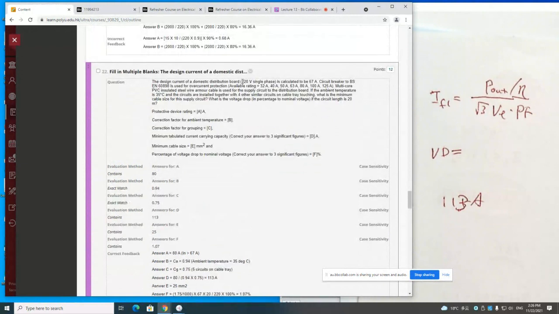I guess if you are using a three-phase circuit cable, because this is 220 volts, this is single phase.